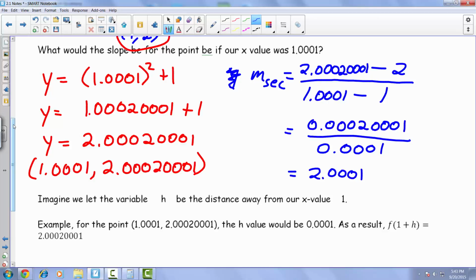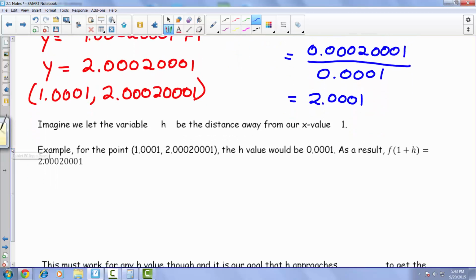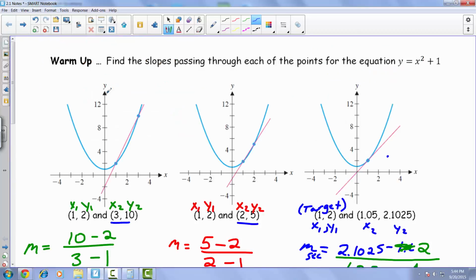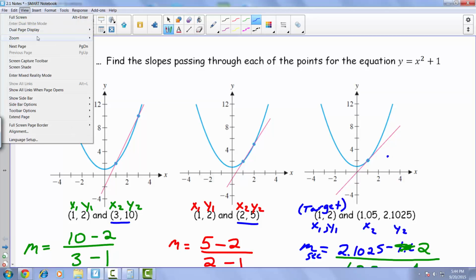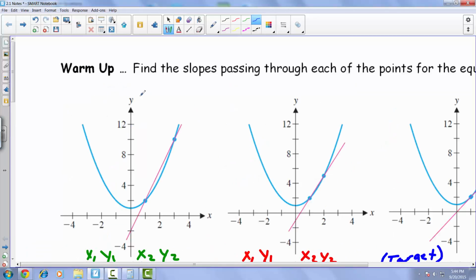Now, let's imagine that this variable h is some distance away from our x value. When we're getting close to this target point, there's some distance that we are, in terms of our x value, away from that.